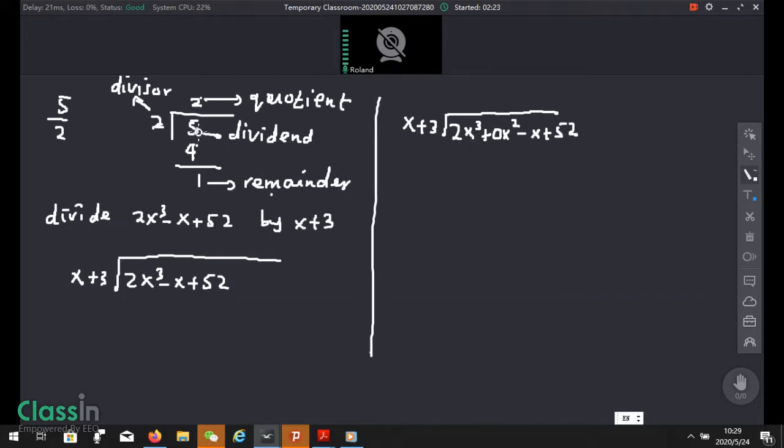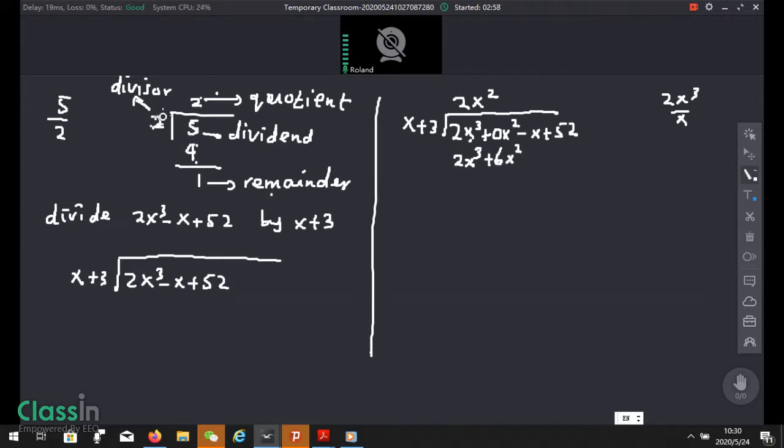Just like we divided 5 by 2, we divide 2x cubed by x. That will be 2x squared. And just like we multiply 2 by 2 to get 4, we multiply x plus 3 by 2x squared. x times 2x squared is 2x cubed, and 3 times 2x squared is 6x squared.